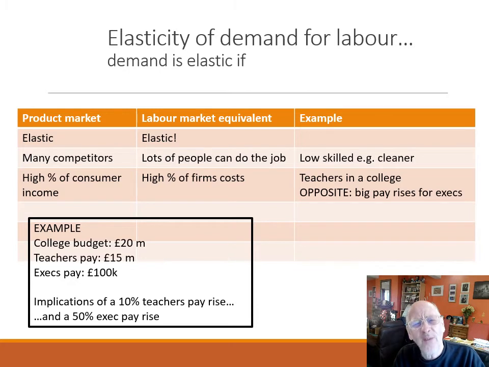However, a 50% pay rise for the principal will only add £50,000 to the total expenditure of the college. And so that isn't going to be as important to the college as a 10% pay rise for the teachers.